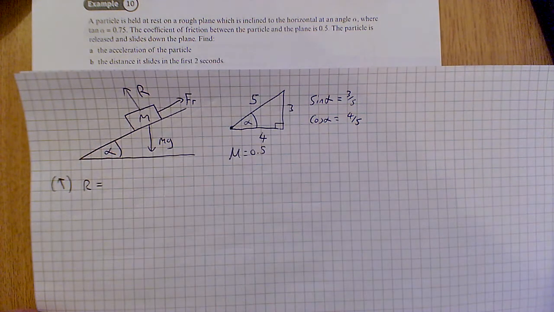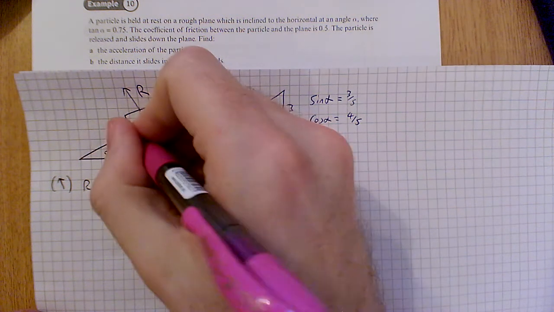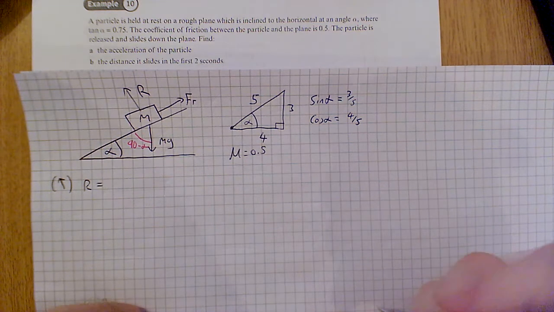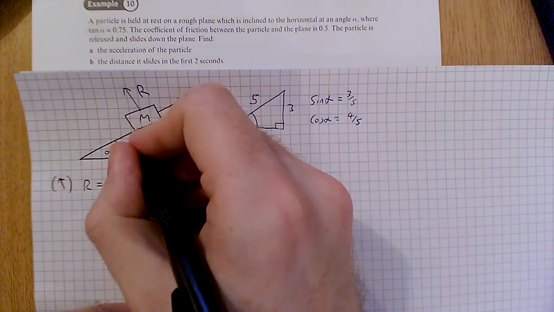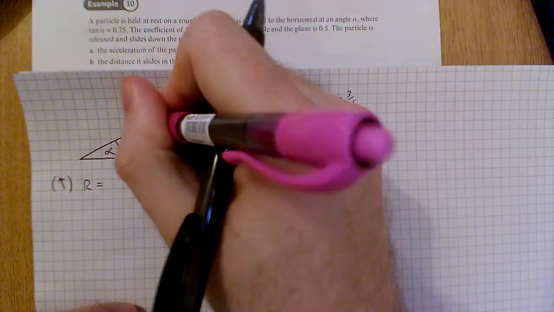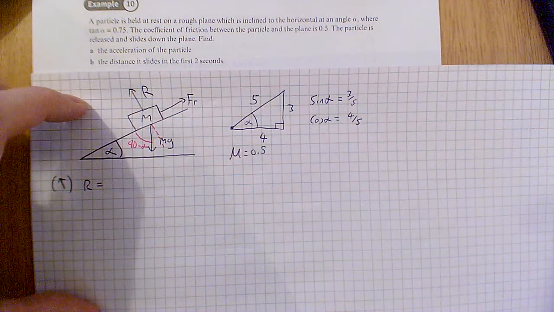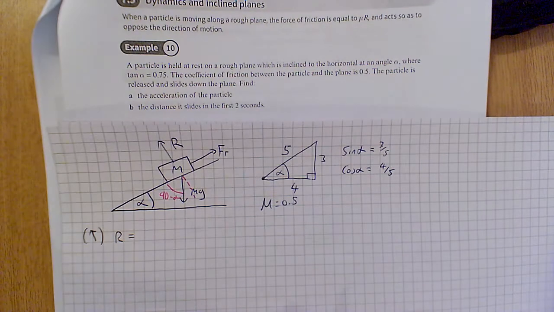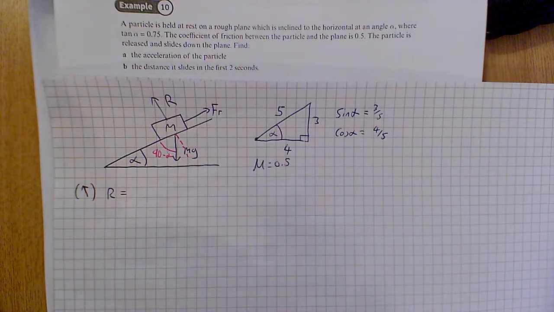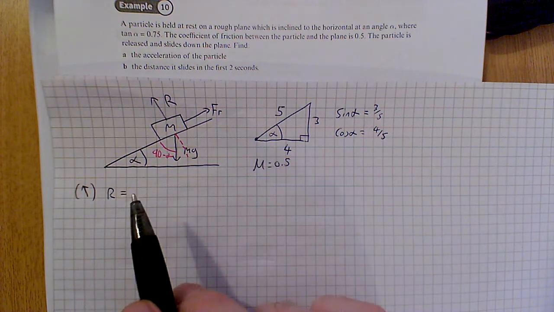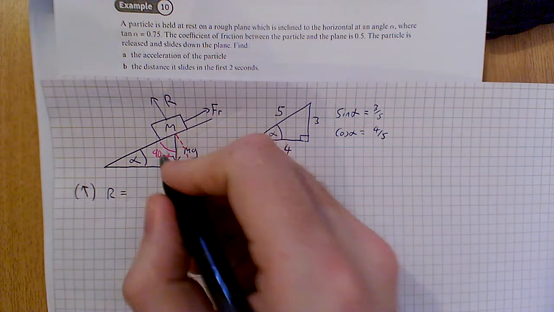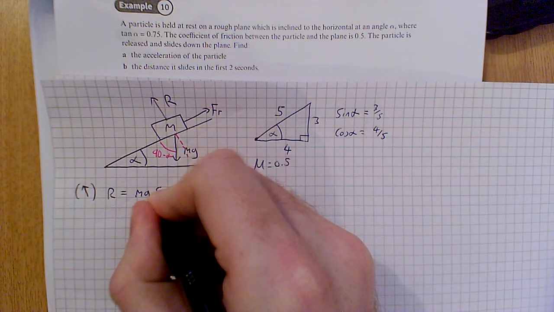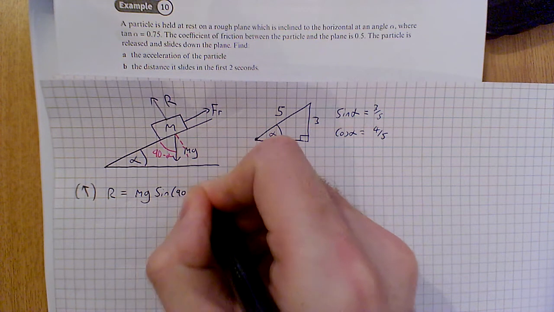So firstly, we can see that this angle here is 90 minus alpha, and then R is balanced by, we're going away from this angle because we're trying to go in the same direction as R. Okay, so we're resolving in the direction of R. So you can see that this is equal to mg, and then we're going away from the 90 minus alpha angle, so it would be sine of 90 minus alpha.